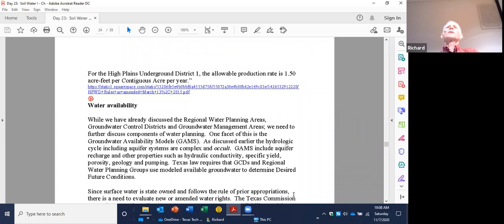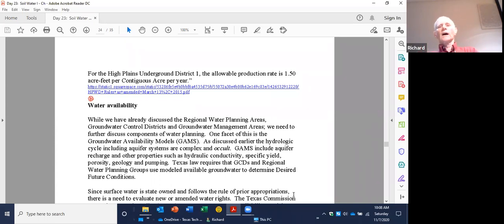The farmers and the producers in this area are very good managers, and they can get around this restriction with some problems, but at least they can solve them. The problem really hits the fan if you're a small town. Let's say you're Acuff or you're Abernathy, and let's say you're a bedroom community for Lubbock, and so your population grows.